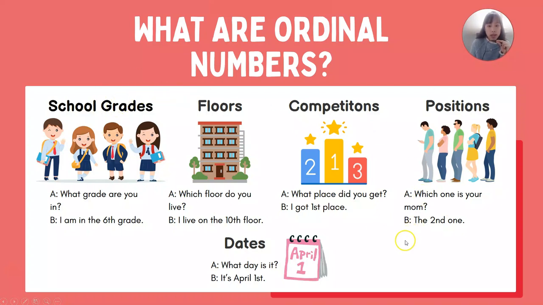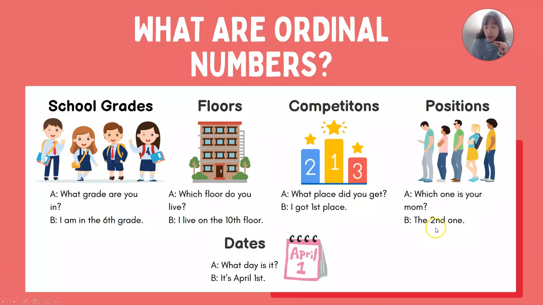So let's look at this slide very quickly here. What is the one thing in common that all of these expressions have? Do you see it? Yes, we see some numbers, okay? So we have 6, 10, 1, 2, 1. But for example, for 1, did I say 1 or did I say first? First, right? What about this one?